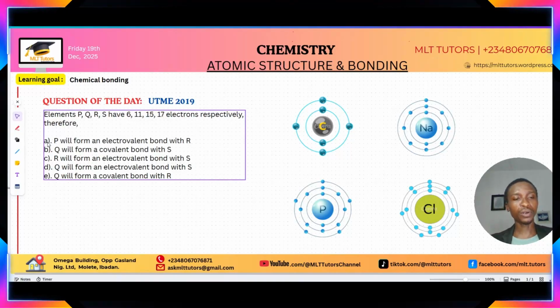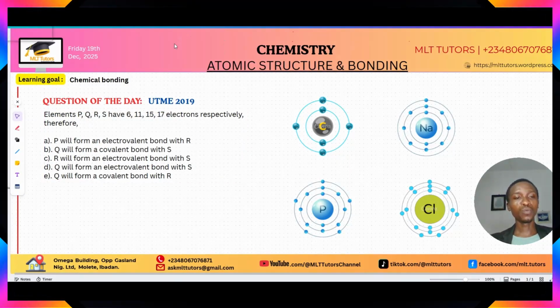Therefore, option A, P will form an electrovalent bond with R. Option B, Q will form a covalent bond with S. Option C, R will form an electrovalent bond with S. Option D, Q will form an electrovalent bond with S, while option E is Q will form a covalent bond with R.